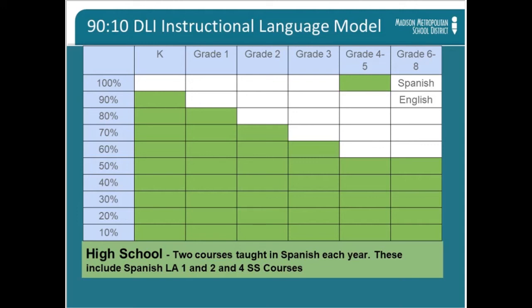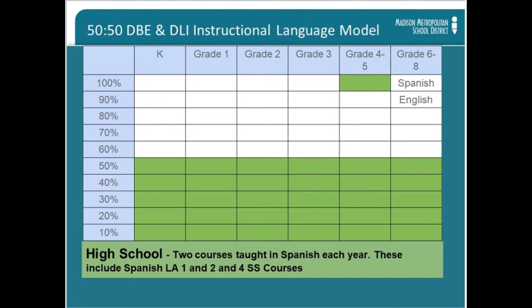The 90-10 model, in which 90% of the instruction is in the target partner language, in our case Spanish, and then English gets introduced in each grade level and increases in intensity until it becomes 50-50 through middle school. We also have a high school continuation program to make sure that we're providing instruction at the target level so that students can continue improving their proficiency.